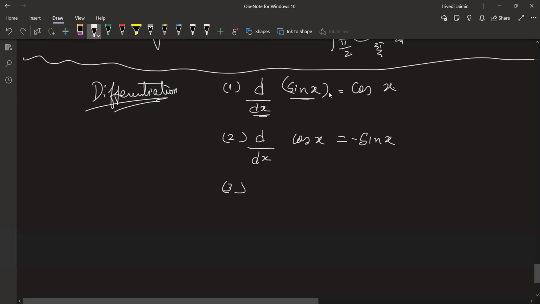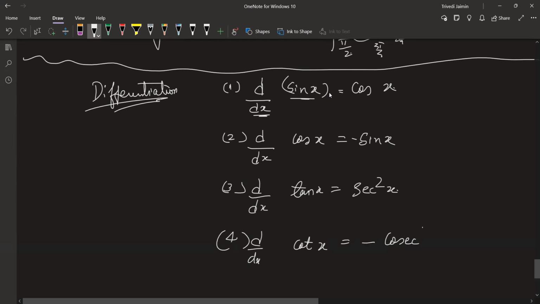Third one, d by dx of tan x is sec square x. Fourth, d by dx of cot x will be minus cosec square x.